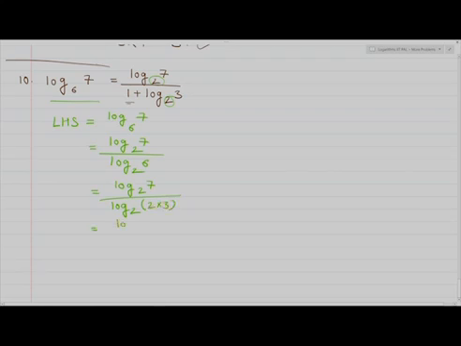Therefore log of 6 to the base 2 is equal to log 2 to the base 2 plus log of 3 to the base 2, which is equal to, I think, our right hand side, because log 2 to the base 2 is 1 plus log 3 to the base 2.